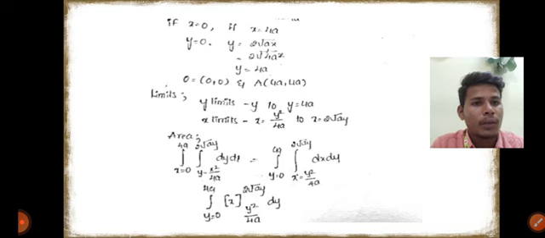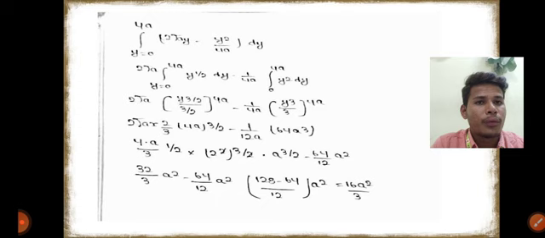The area is the integral from x equals 0 to 4a of the integral of y from x squared by 4a to 2 root ax dy dx, which equals the integral from y equals 0 to 4a of the integral of x from y squared by 4a to 2 root ay dx dy. Integrating with respect to x, this is the integral from y equals 0 to 4a of 2 root ay minus y squared by 4a dy.